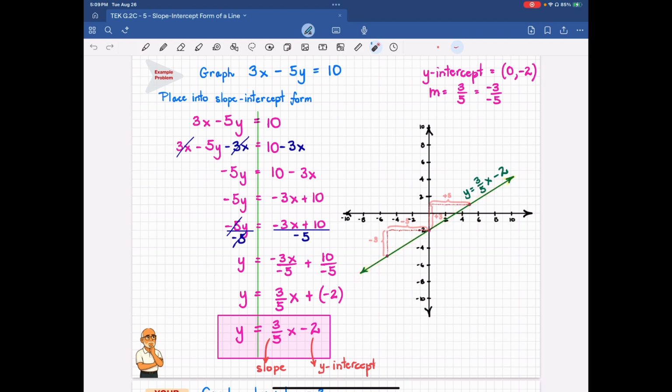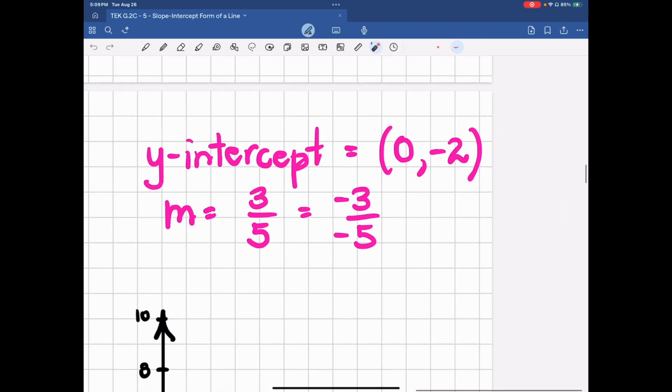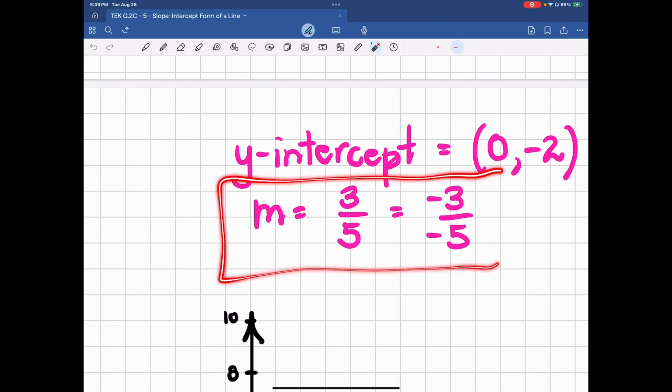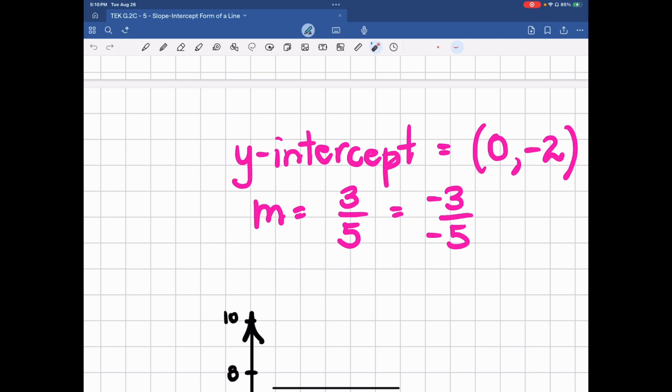Now, I'm going to come up here for just a second, and I want you to see the slope. You know that the slope is a positive 3 over a positive 5. However, the ending of that is that you have a positive slope. We can also get that same ending with making 3 negative and 5 negative.